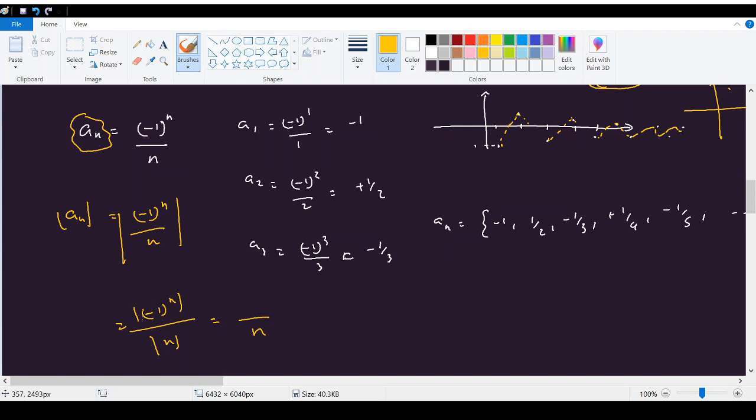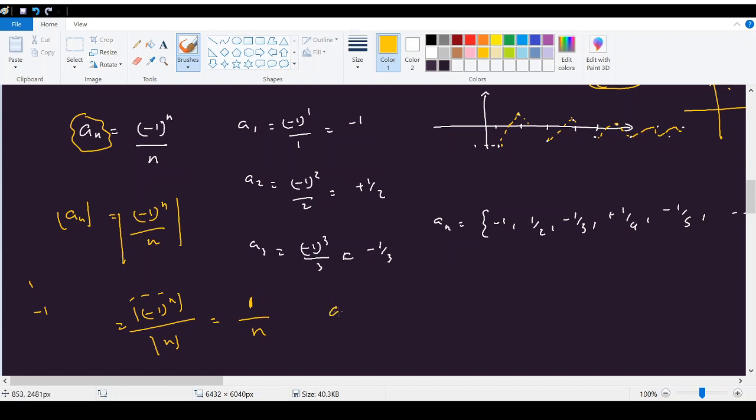The numerator will only take values out of 1 and -1, right? When n is odd, this becomes -1, and when n is even, this becomes +1. So when you take the modulus, it will always be equal to +1.